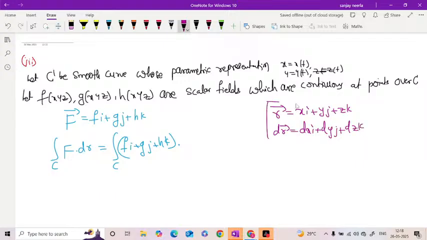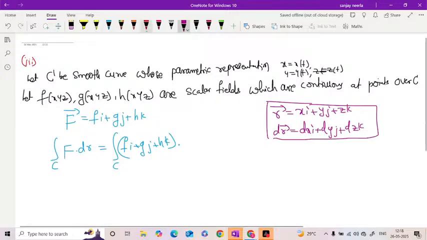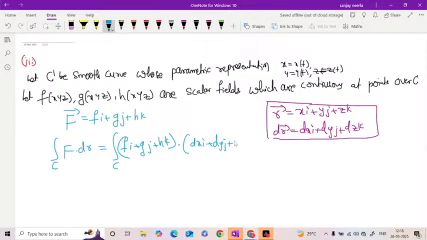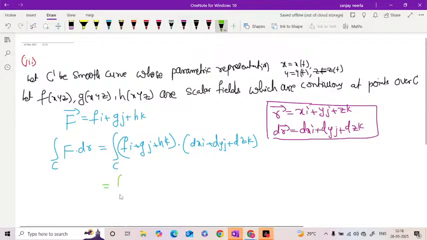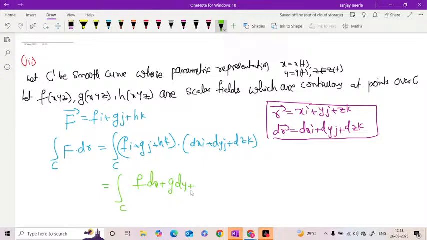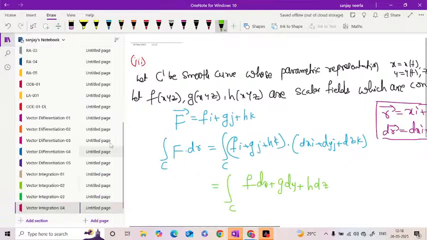Now after substituting this dr, what result will we get? dxi plus dyj plus dzk. After doing the normal dot product of these two, we get integral over C of f dx plus g dy plus h dz. Observe, it is the same as the previous one, nothing new.